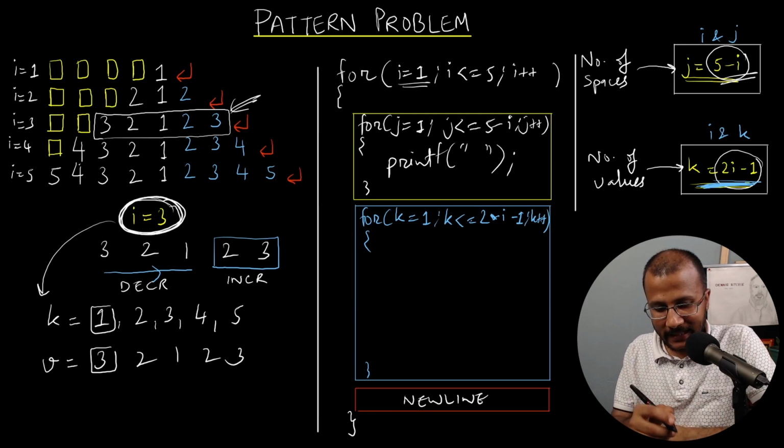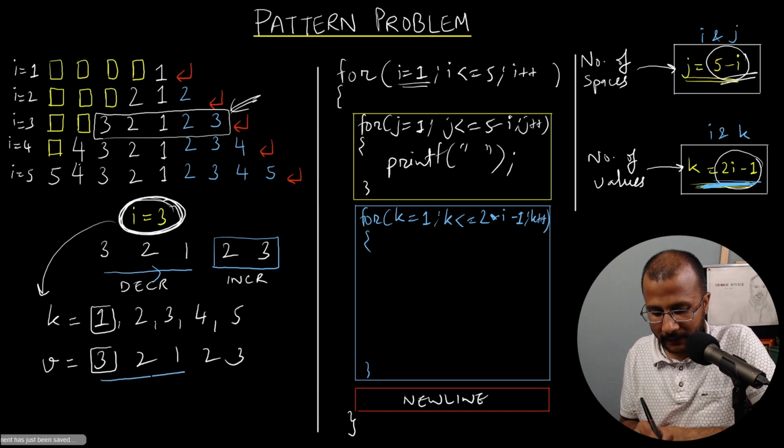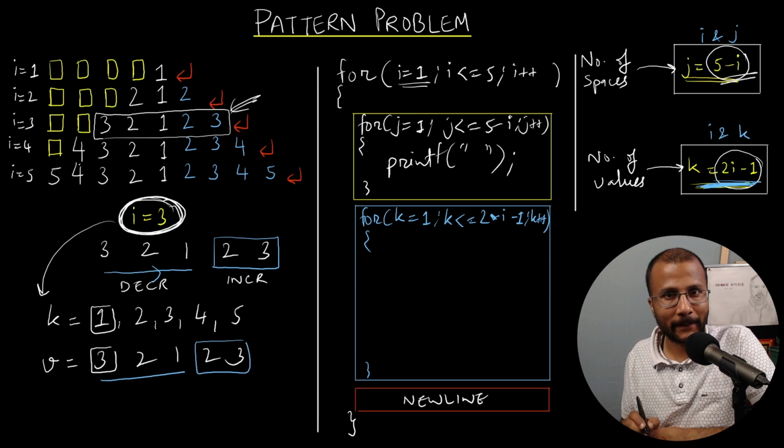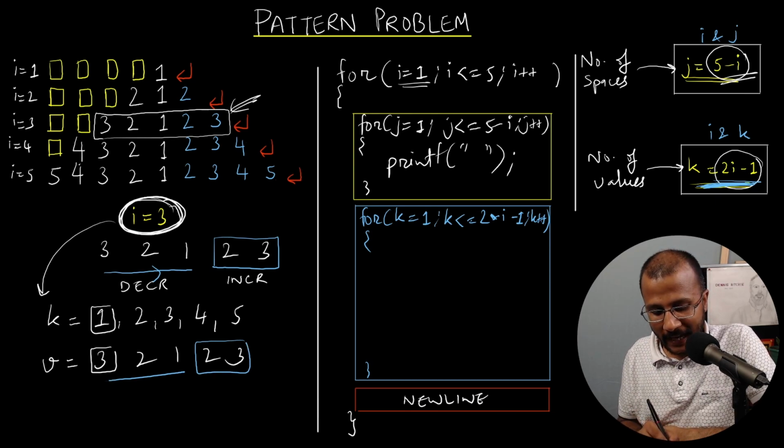In this case, the value that I am printing is decrementing for these three values, and these two values are incrementing. Now we may have to have a different logic for decrementing values and a different logic for incrementing values. So from 1, how do I get 3? Or from 2, how do I get 2? From 3, how do I get 1? So this is the decrementing value.